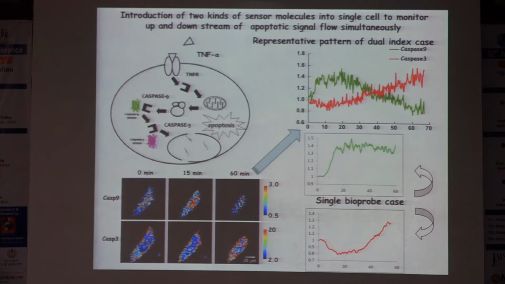Next, after two single index, caspase-9 and caspase-3 monitoring, I carried out double index monitoring in a single cell, shown here with a cartoon. The time lapse imaging of both sensor molecules demonstrated caspase-3 activation occurred following caspase-9 activation, and activations were fully locally regulated.